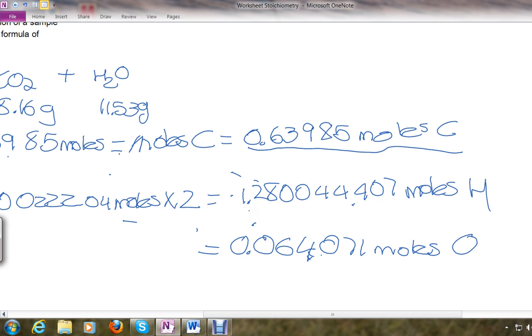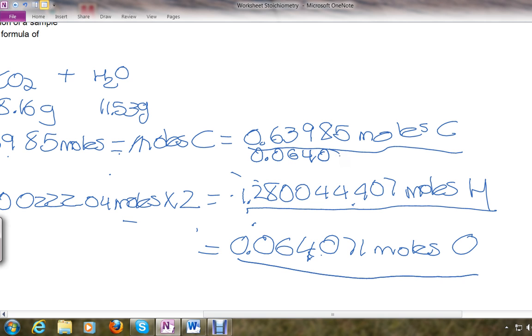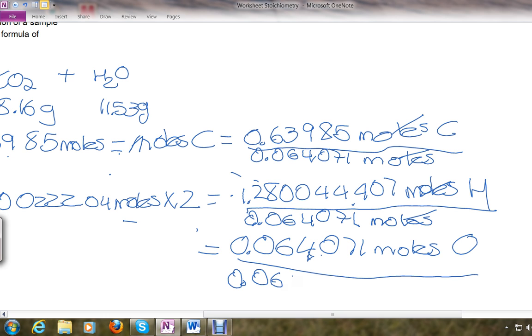Well, doesn't matter. 0.064071 moles. Of course, oxygen gives you 1.